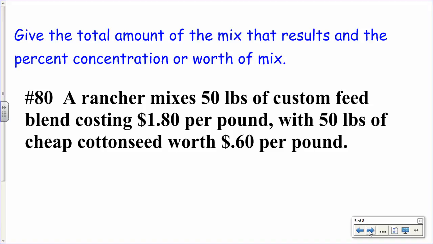I'm going to do A plus B equals total. So this time my A is the first type of feed that the ranger puts in. So that's custom feed blend. And I'm still going to do the amount times, but now I'm not doing times the percent. I'm doing the worth, how much it was. So amount times the worth.